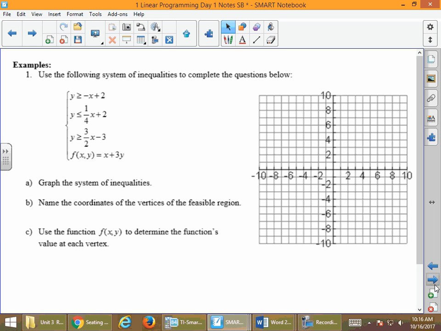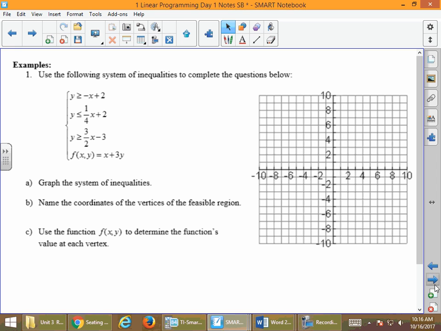So our first one says, use the following system of inequalities to complete the questions below. Again, what I want to remind you of is that we've got greater than or equal to or less than or equal to in these problems, and that means that we are going to have to shade, and the directions never say shade.